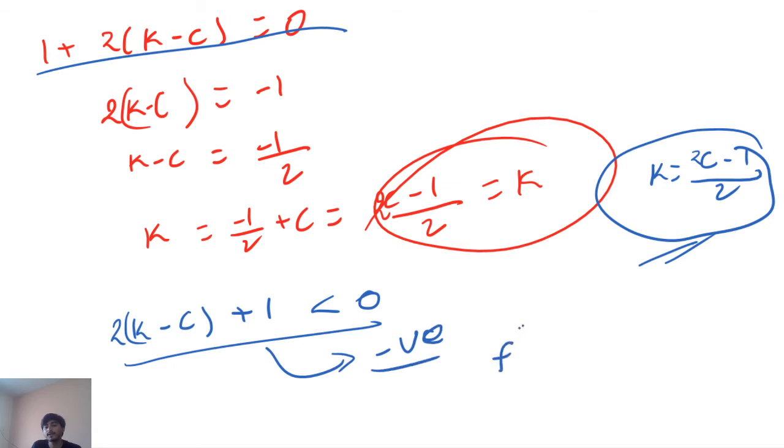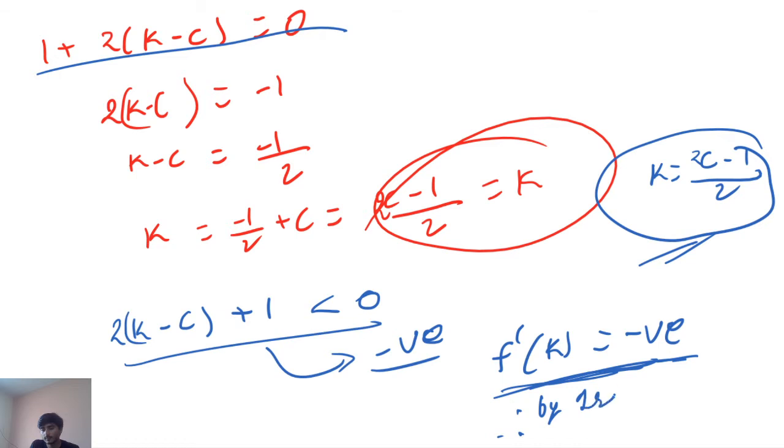Then f dash of k is also negative. In such a case, the function is minimum at k equal to this value by the first derivative test. Since it is negative at this value, therefore by the first derivative test f of k is minimum.